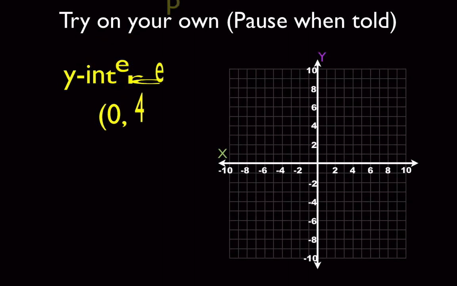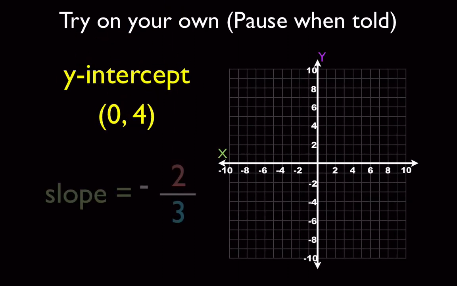Okay, the last one for you to try is with a y-intercept of 0, 4 and a slope of negative 2 over 3. So start off with the y-intercept. Okay, the y-intercept should end up right there at 4. Now go ahead and plot your first point using the slope.